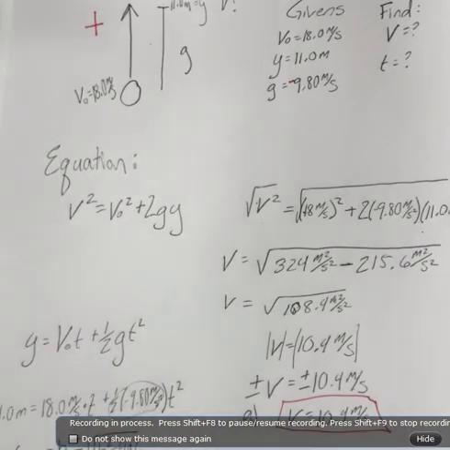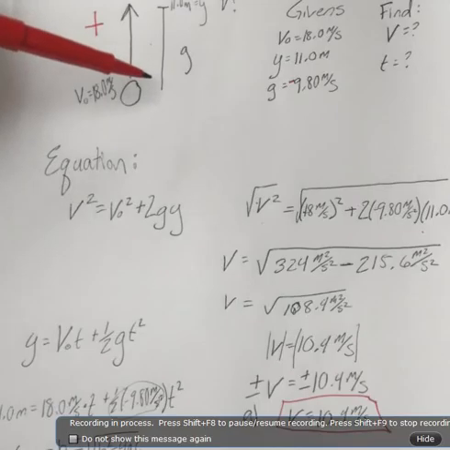It's going to move up until it gets to 11 meters, and then it will continue to travel up until the velocity is 0. And then it's going to come back down. And when it comes back down, it will again pass 11.0 meters.